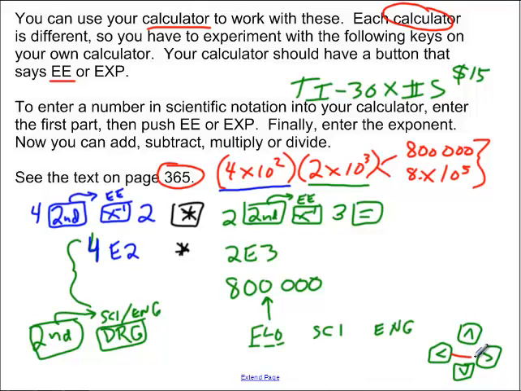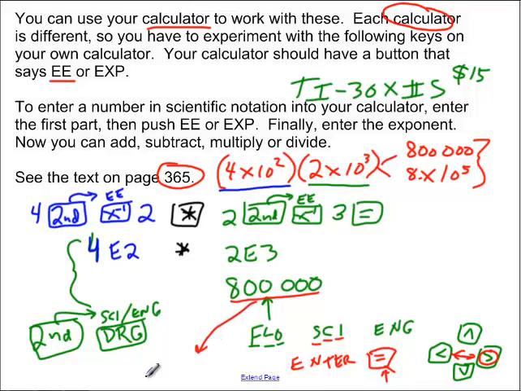So choose that button and make your underline move over to scientific notation. Push enter or the equal sign. Actually, the equal sign is what you push.